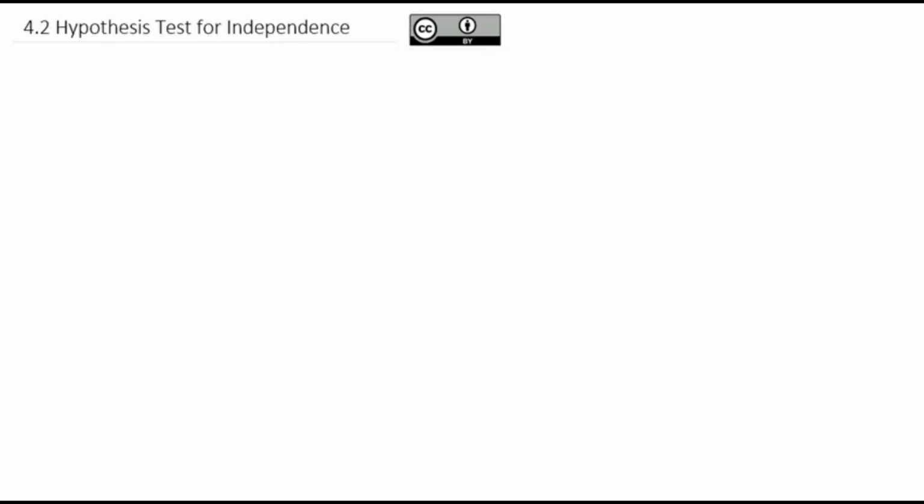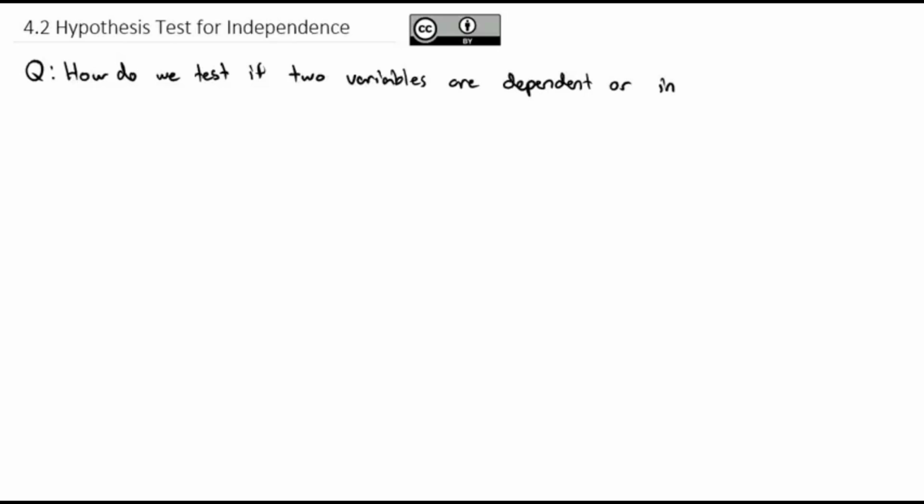Another use for the chi-squared distribution is testing to see if two variables are dependent or independent of each other. So the question for today is, how do we test if two variables are dependent or independent?